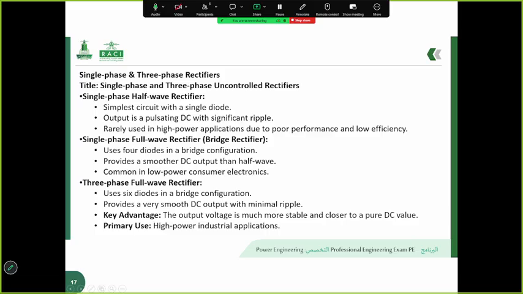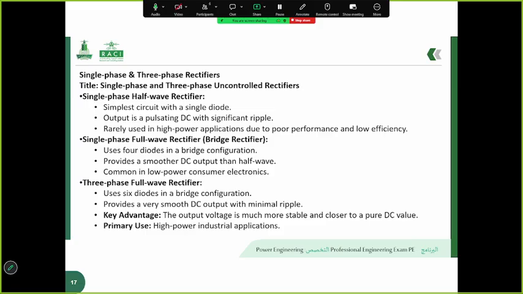So for applications demanding higher power and improved performance, the three-phase full-wave rectifier is widely used, and this circuit employs six diodes arranged in a bridge configuration, ensuring that at any instant current flows through two diodes connected to different phases. The result is a DC output that has very low ripple, is more continuous, and closely resembles constant DC voltage.